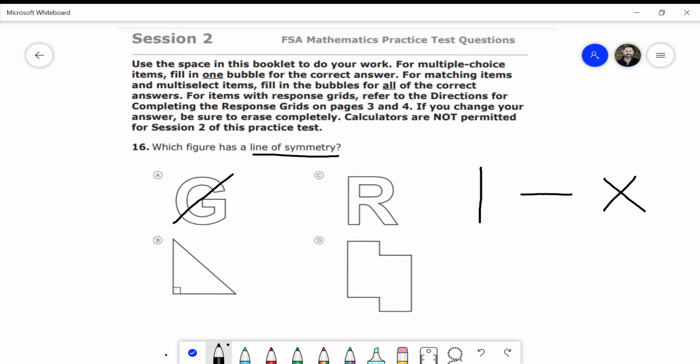And the same would be true for letter R. Here, if I go in a vertical, no line of symmetry, horizontal, or diagonal, you can see that both sides of the line are not reflecting each other.